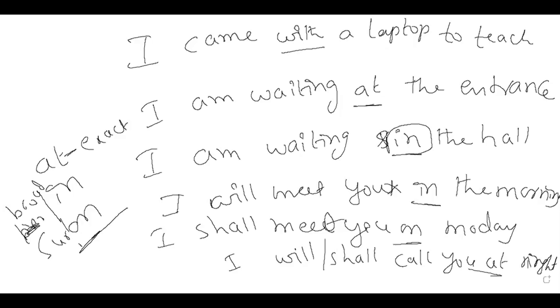For example, I shall meet you on 4th February. I shall meet you on Monday. Whereas if you refer to the parts of the day, you can say in the morning, in the afternoon, in the evening. But you cannot say I can meet you in the night. That is wrong. If you refer to night, you have to say 'at'.